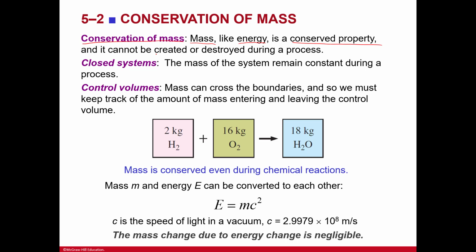Closed system: the mass of a system remains constant during a process. Okay, and so really quickly, if you have a system and here's your boundary, you cannot have any mass interaction, internal or external to the system, exchange, right?